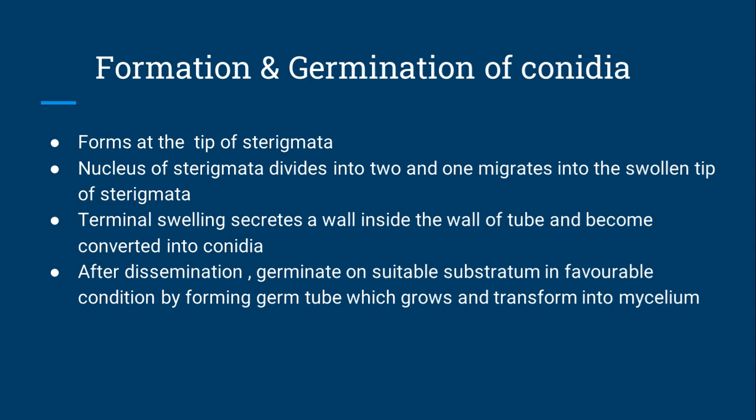The nucleus of the stigma divides into two nuclei, of which one migrates into the swollen tip of the stigma and one remains in the stigma. Then the terminal swelling secretes a conidial wall inside the wall of the tube and becomes converted into a conidium. In the same manner, the next conidium is formed.